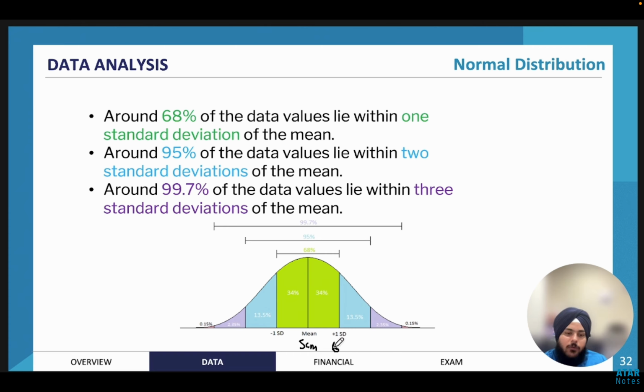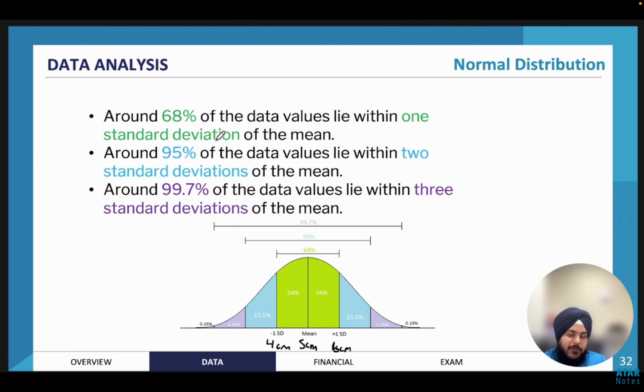So 5 plus 1 is 6 centimeters, and 5 minus 1 is 4 centimeters. What this tells you is that approximately 68% of the data, or 68 of those oranges, will have a diameter between 4 and 6 centimeters.